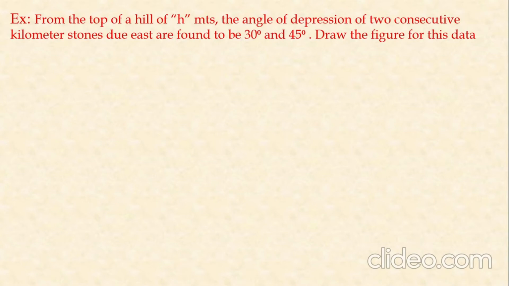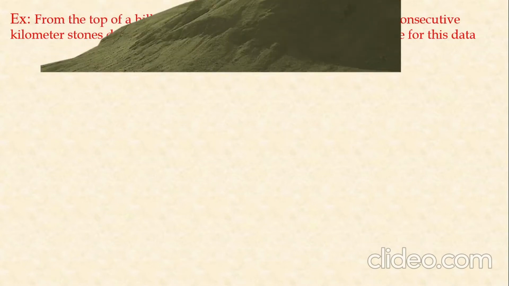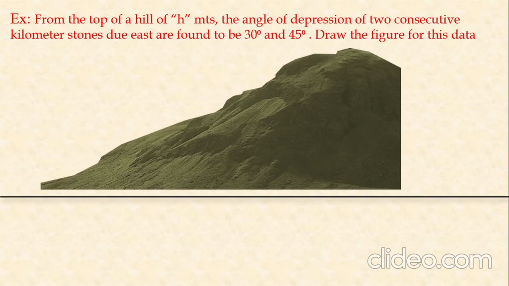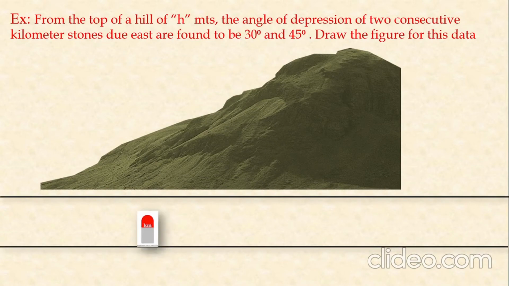Now let us visualize this problem. This is the hill, and the first kilometer stone, and this is the second kilometer stone. So observe here, the observer is on the top of the hill, and this is the height of the hill.